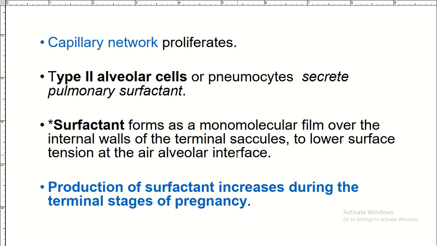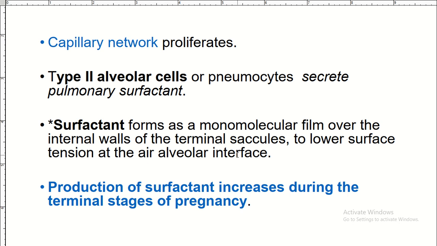So after expiration, you need to prevent the collapse of your alveoli. So you need the surfactant to lower the surface tension.